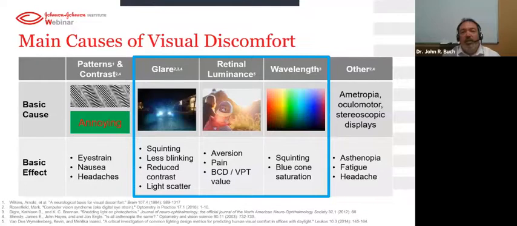And as lens manufacturers, we can directly impact variables such as chromatic contrast, glare, retinal luminance. We can now filter wavelengths, and of course, we can correct ametropia. That's a given.